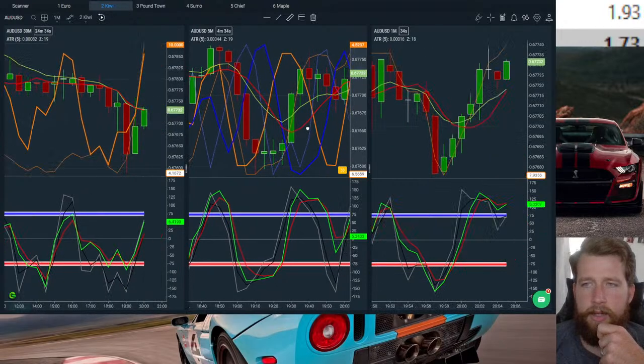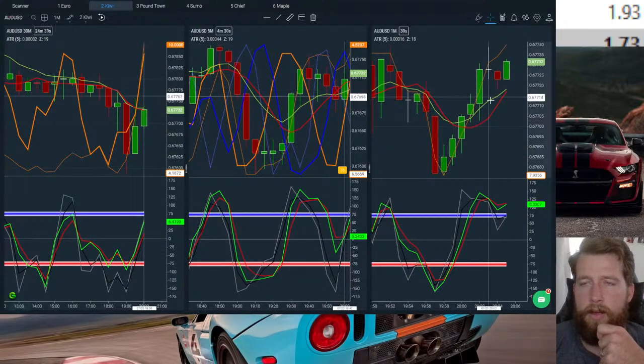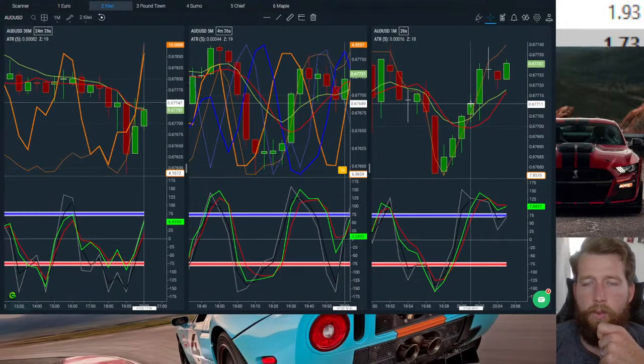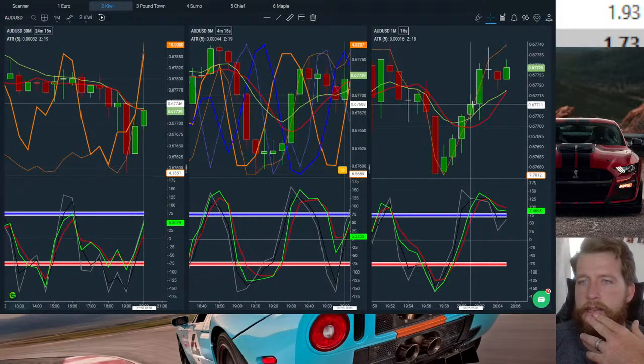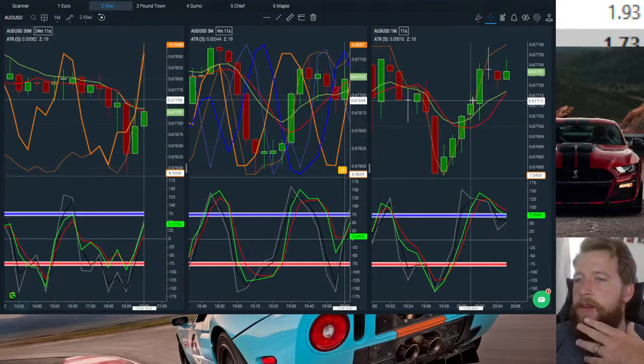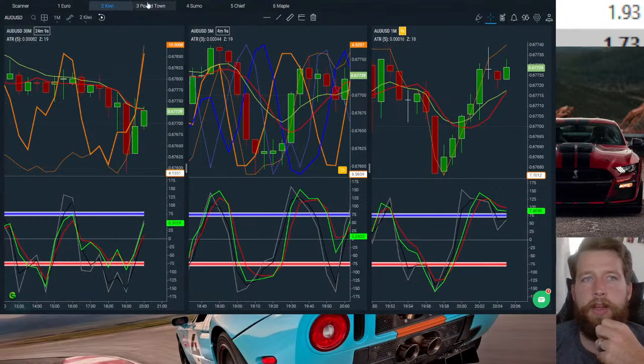Let's see. One of the blues was pointing up, the other was down. Both oranges were up, so T and T's were good. And look at that, we would have won that trade real quick.